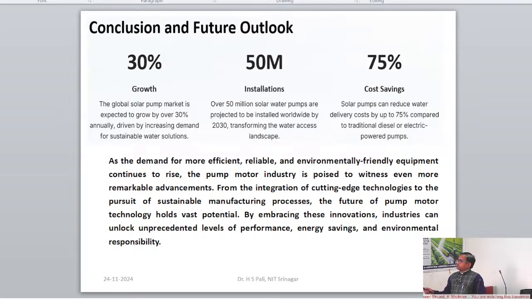If we work in an environment-friendly way, meaning PV panel based, reliable and efficient. Efficiency we have discussed in terms of water pump performance, and the integration of cutting-edge technology, meaning AI, machine learning or remote sensing. These technologies can pursue sustainable manufacturing processes, and future pump technology holds vast potential.